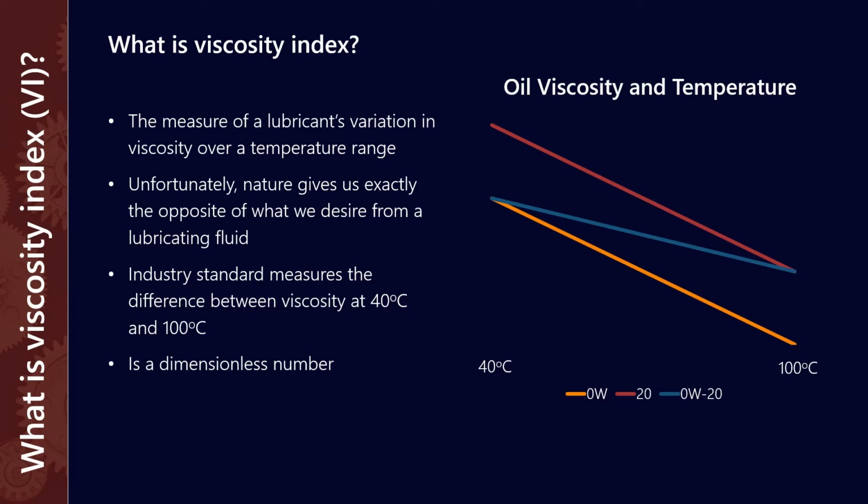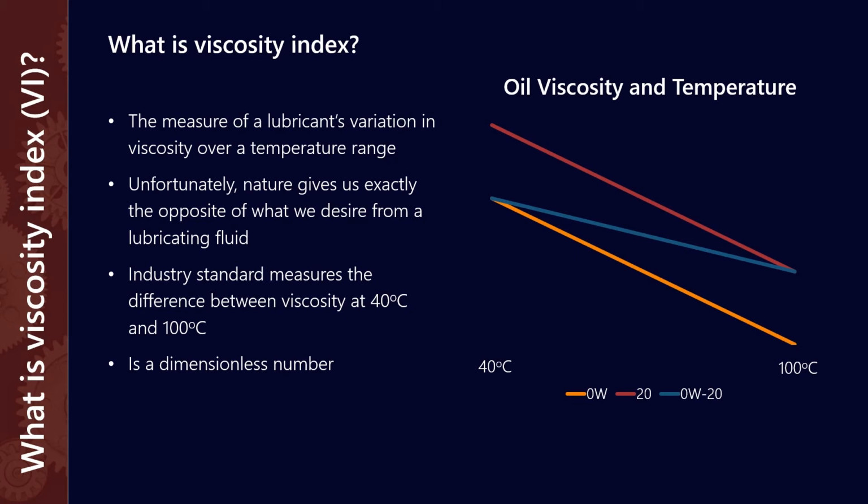So in this case, the 0W and the 20 have the same VI, even though they are different viscosity grades, right? So it's the change between 40 and 100 that matters. Whereas the 0W20 has employed viscosity modifiers that enable it to have a higher VI between 40 and 100.